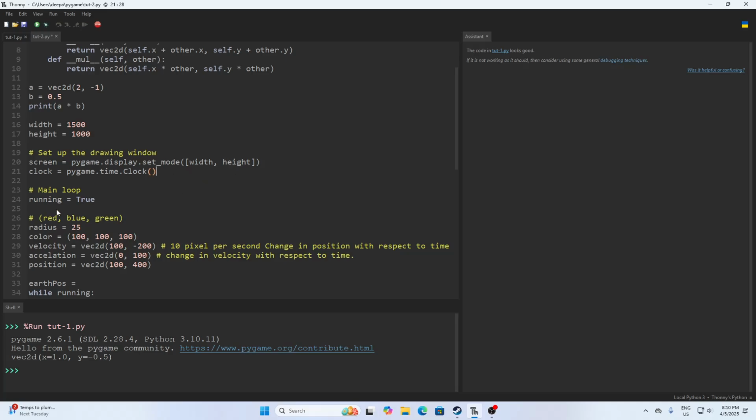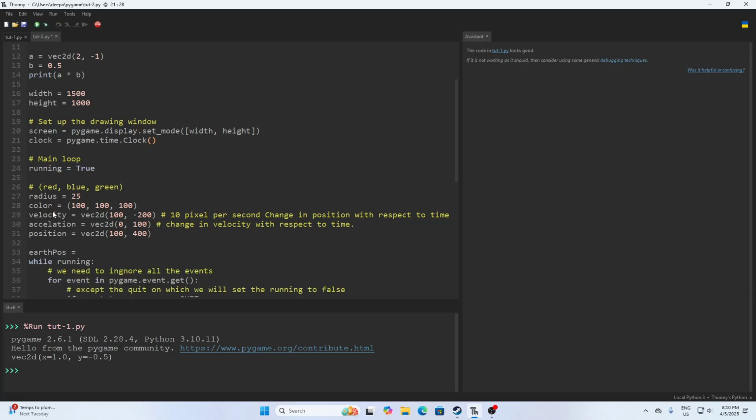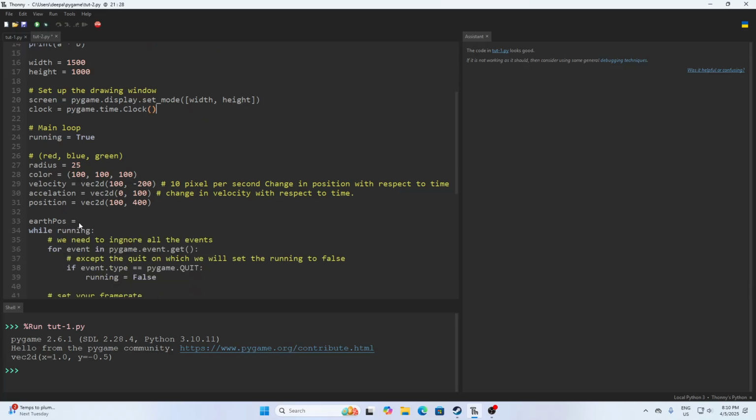Now what we'll do is we want to find the position of our Earth, and we want the position of the Earth to be in the center of the screen. So we're gonna just do vector 2D, vec2D, and if we change the width or height, it will automatically take care of it.